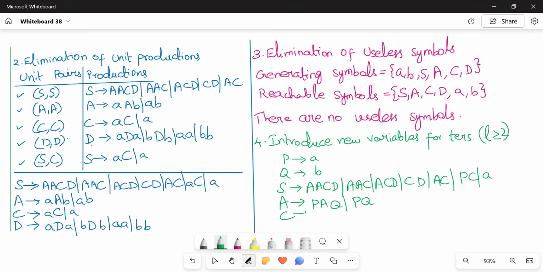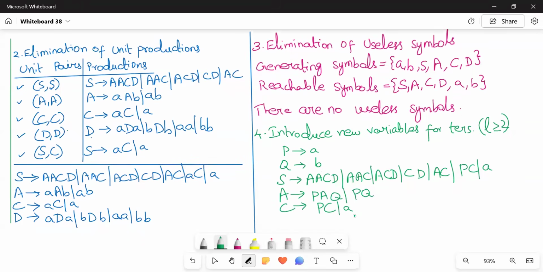Then C implies PC bar A. Then D tends to PDP bar QDQ bar PP bar QQ.